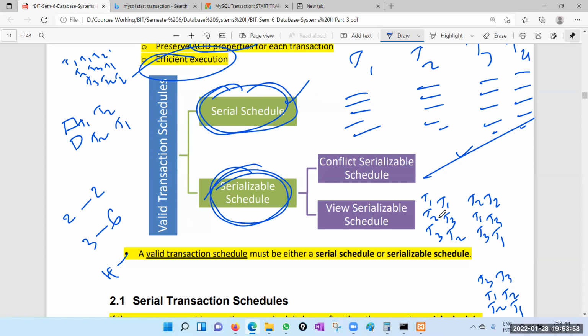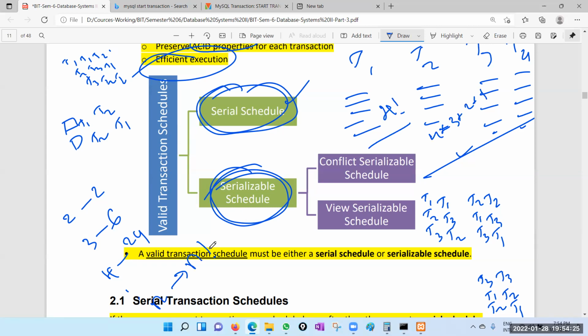So there we have four transactions. We are going to arrange them linearly. How many ways are there? Factorial 4. 4 into 3 into 2, 24 ways. If we have n transactions, there are factorial n number of valid serial schedules, because every combination is valid for the business.